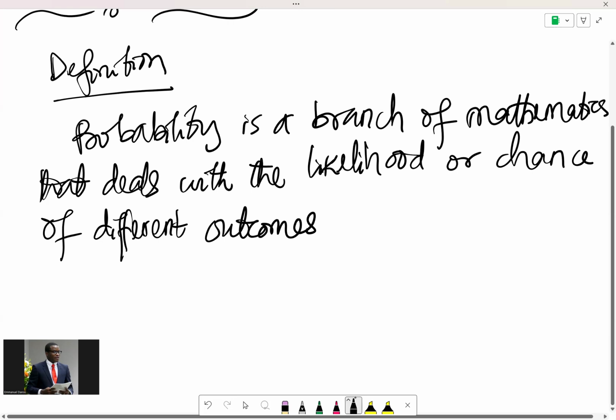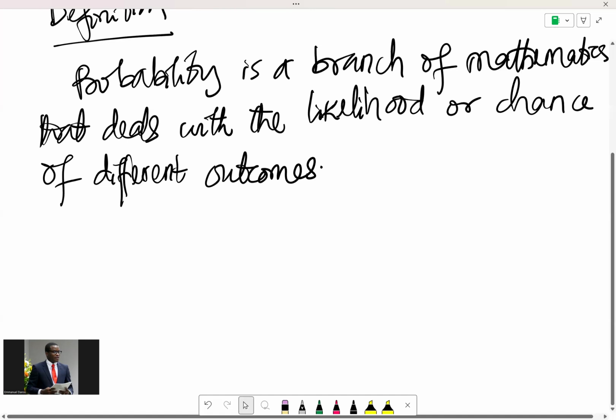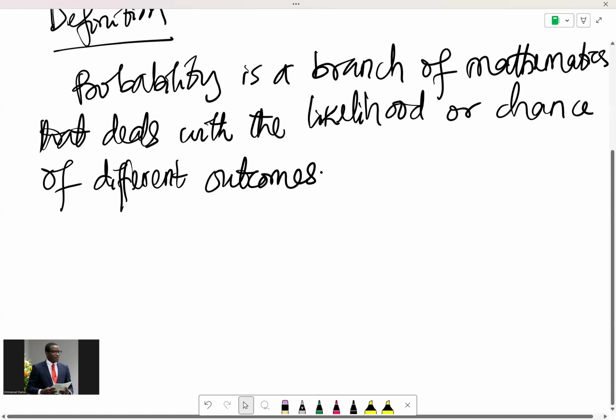So probability simply talks about the likelihood or the possibility or the chance that a particular outcome is going to happen. Okay, so it quantifies uncertainty.